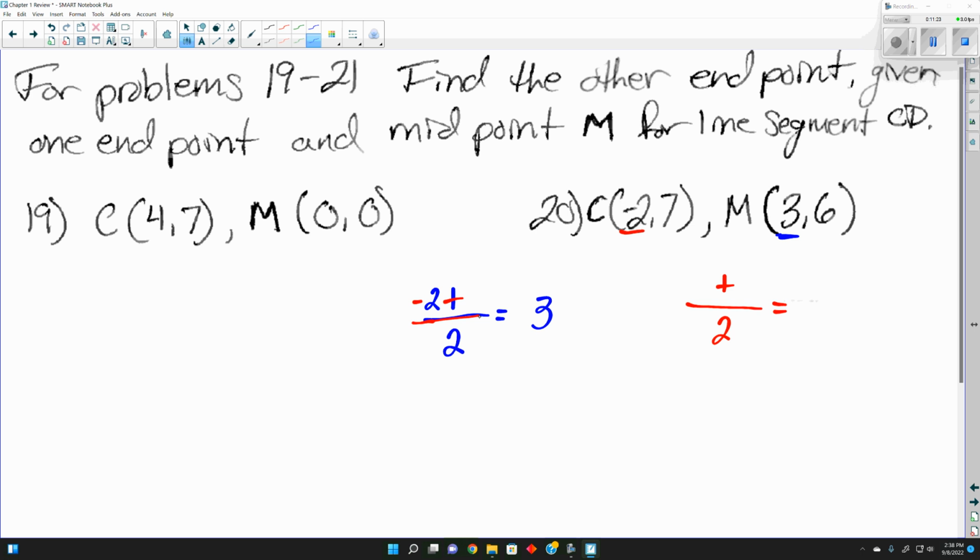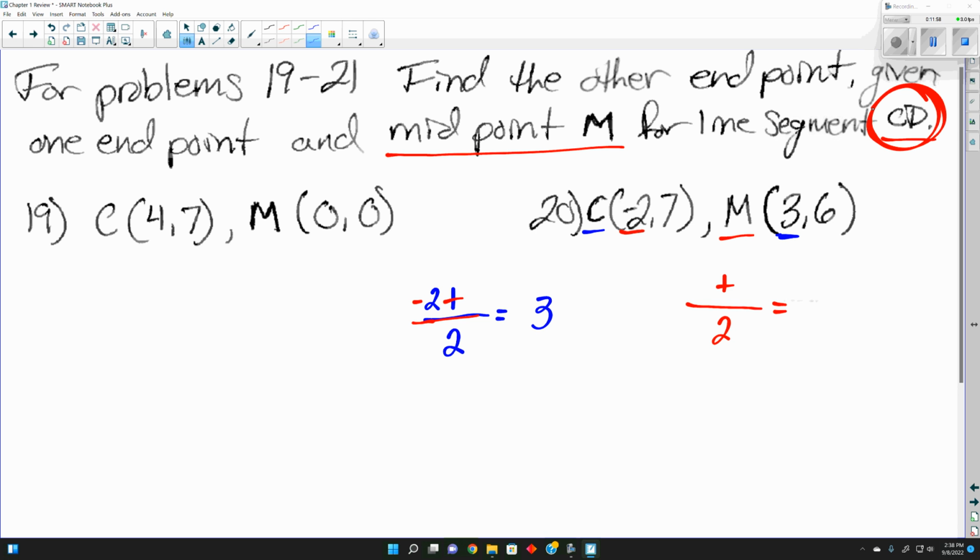Given one endpoint and midpoint M for line segment CD. So the two endpoints are C and D, because it told us by the line segment. And M is the midpoint. Midpoint, endpoint. Questions on that there? Huh? I don't understand that. So we have a line segment that has C and D. So the two endpoints are what? And what's M?